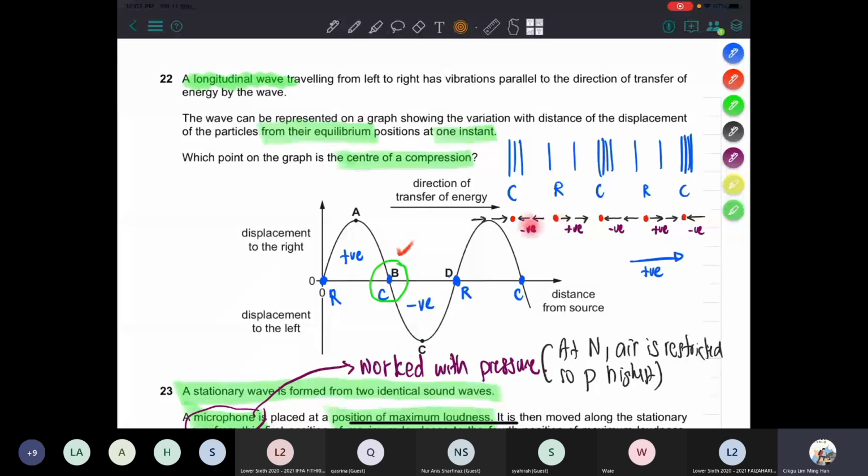So here must be a rarefaction. Then we have a negative here, negative displacement of the particle. So negative displacement must be a compression. So this one must be a compression, and then followed by a rarefaction. So the center is actually the rarefaction and the compression. In between them is the displacement of the particle between them.